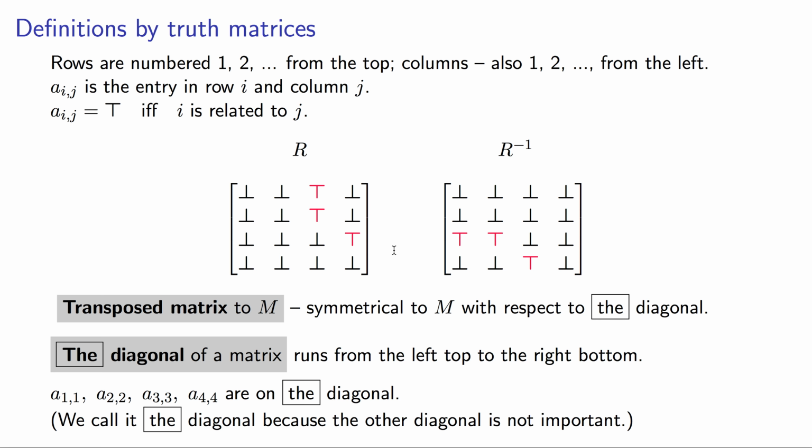And please notice that indeed the second matrix is symmetric to the first with respect to the diagonal. We have the truth value true in here, and after transposition it ends up in here, and indeed there is a truth value in the matrix for R inverse right here.